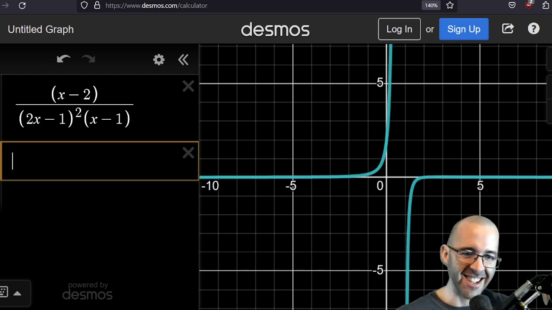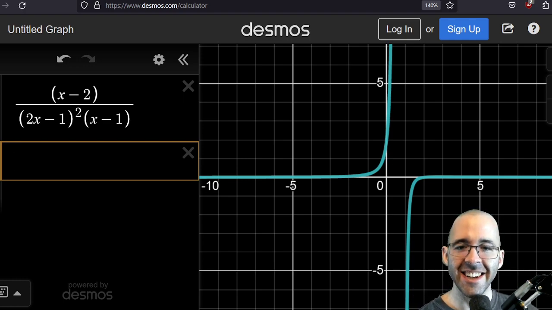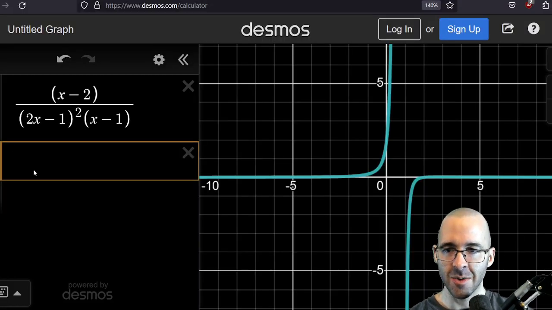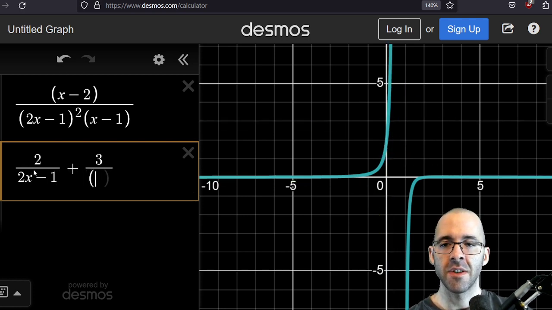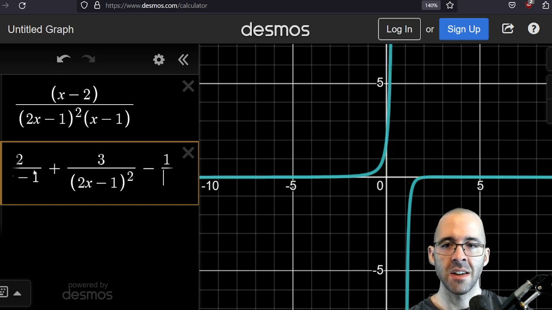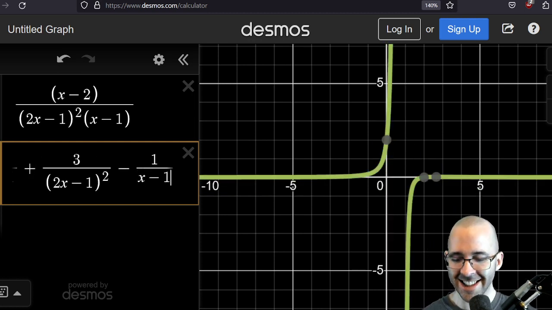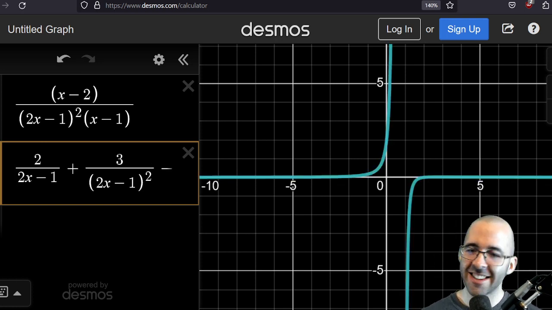I got so excited. I was like, look, they're the same graph, but I've only typed in 1. Okay. 2 over 2x minus 1 plus 3 over 2x minus 1 squared minus 1 over x minus 1. Thank goodness. There's a lot of ways to make mistakes on these, but all right, great.